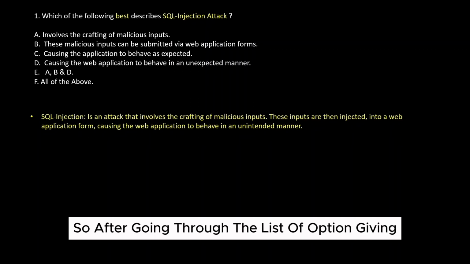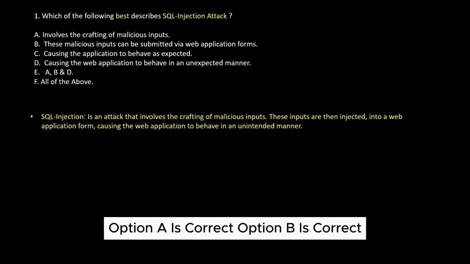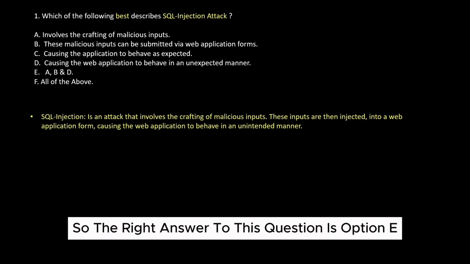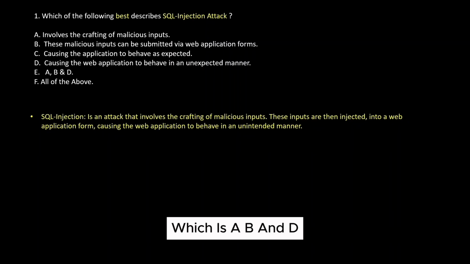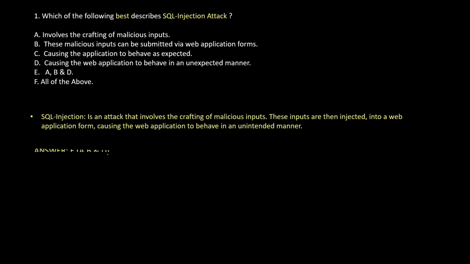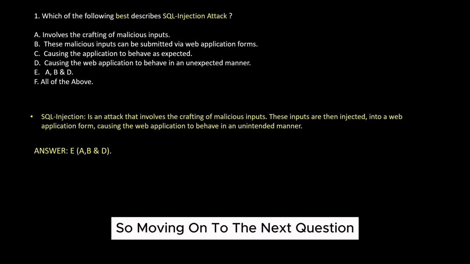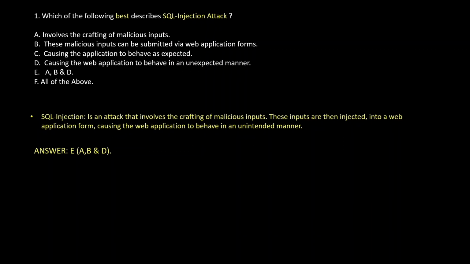So after going through the list of options given, option A is correct, option B is correct, option D is correct. So the right answer to this question is option E, which is A, B, and D. And that's the right answer to this question. So moving on to the next question.